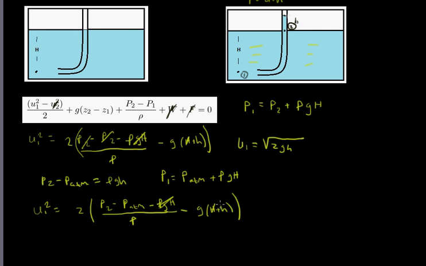Made a mistake somewhere, just 1 second. Okay, yeah, so our change in height is not capital H plus h, it's just the capital H. Because we're just going from here to here. So our point 2 is not up here anymore, it's just right here.